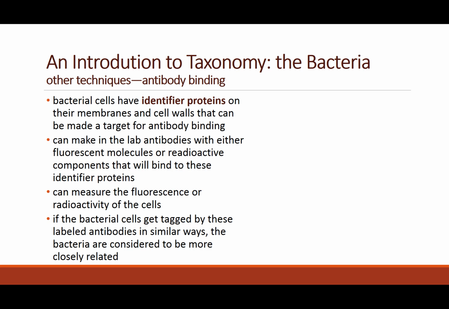And the more similar the fluorescence or radioactivity rates are, the more likely it is that the bacteria are sharing lots of common identifier proteins. And the more common the identifier proteins are, the more closely related we would expect the bacteria to be.